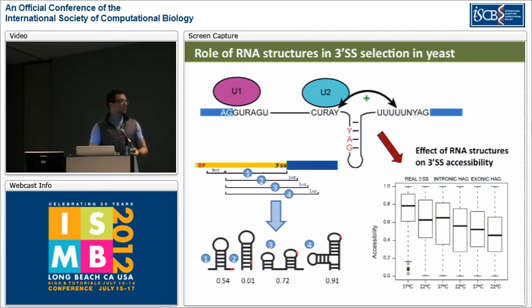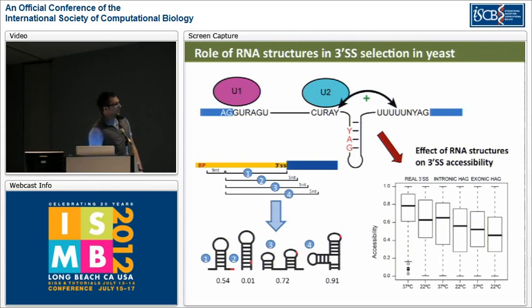This is a summary measure of how likely this AG is to be occurring in a base pairing situation. When you do this, what you find out is that real 3' splice sites, in general, are more accessible than cryptic ones which occur in the intron or in the exon. So accessibility is basically 1 minus the probability of being in a base pair. And we see here that real splice sites are more accessible.